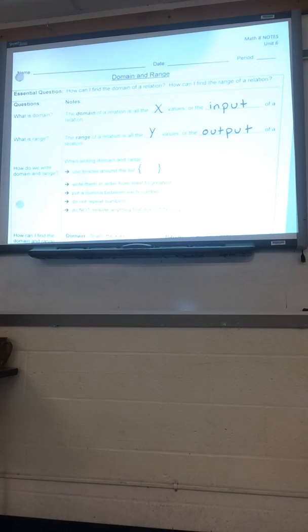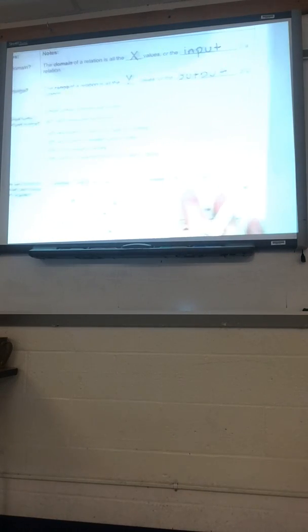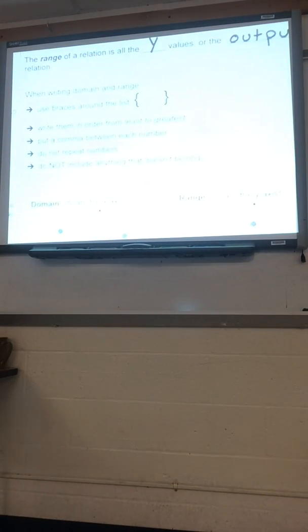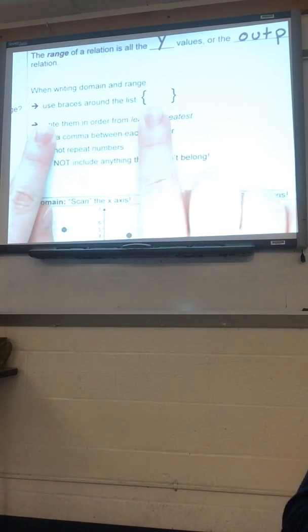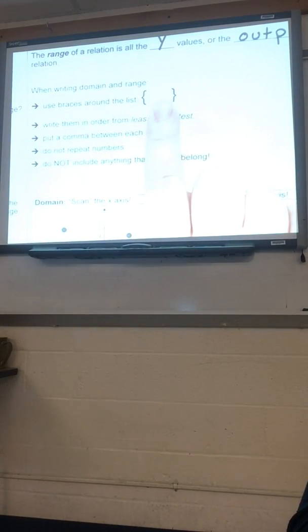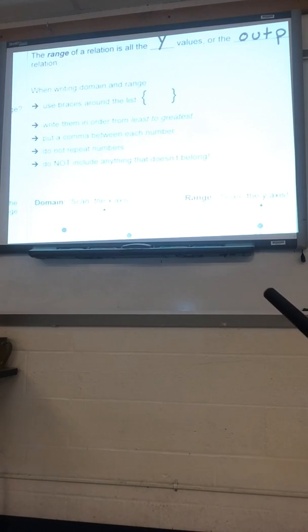So there's a couple rules, kind of like grammar in English, that we follow when we're writing domain and range. The first rule is that we use braces around the list, and braces are these fancy little brackets.